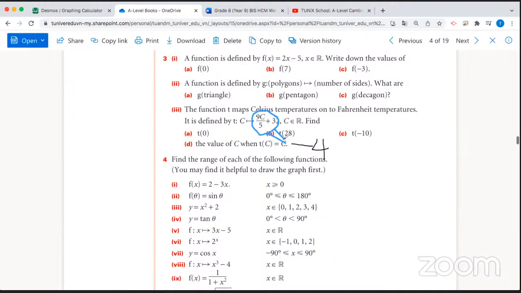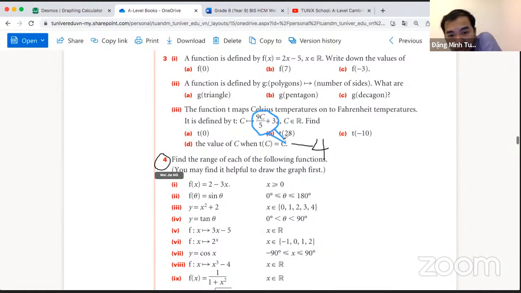How do you draw a graph of a function? Number 4, how do you draw a graph of a function?